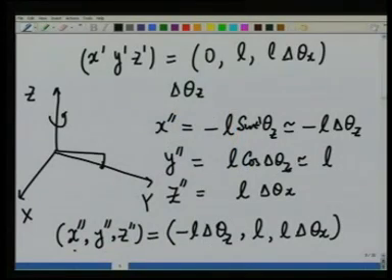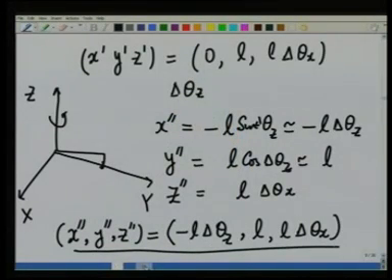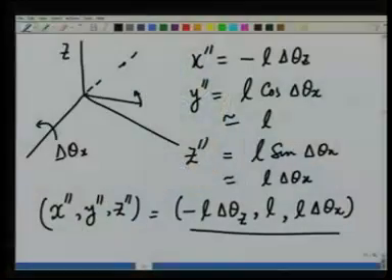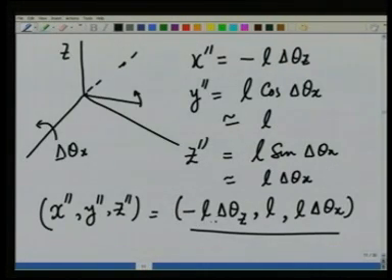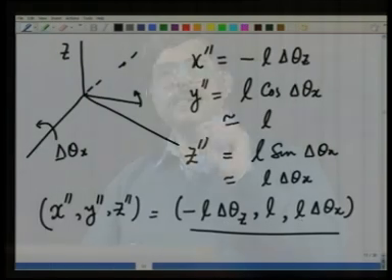Let us see that, that is in the previous slides somewhere. Here it is. This was earlier and this is now. So, earlier minus L delta theta z, L, L delta theta x, and now minus L delta theta z, L and L delta theta x.